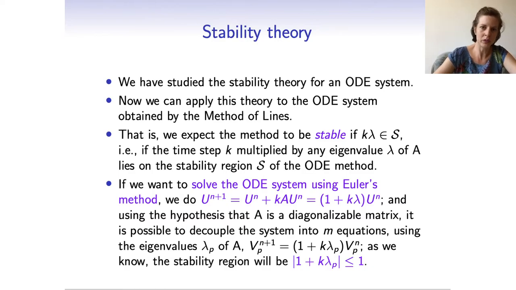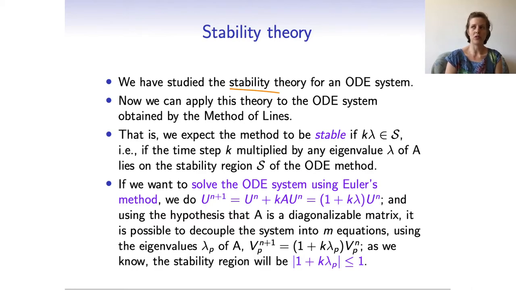We know from some classes ago how to deal with the stability theory for an ODE system, and now we can apply this theory to the ODE system obtained by the method of lines.